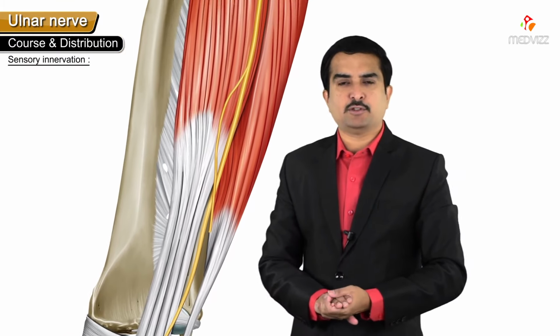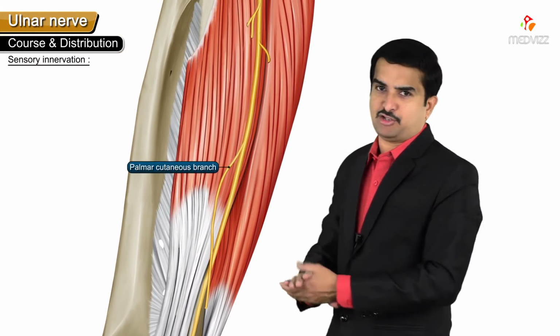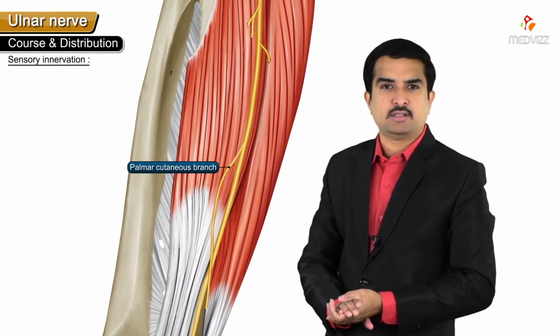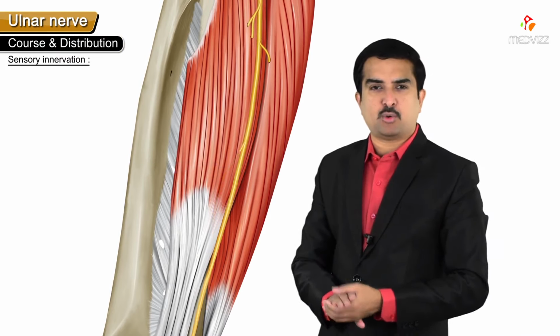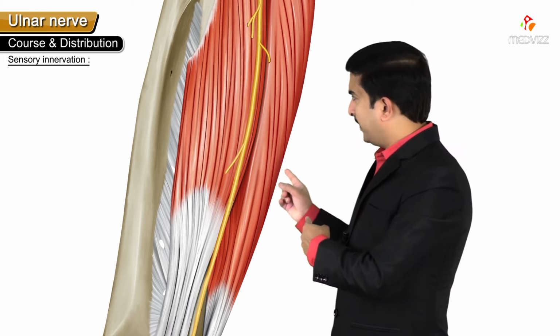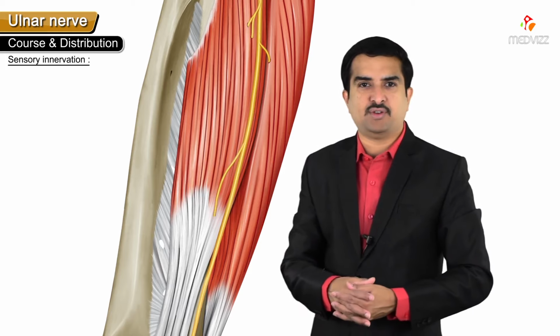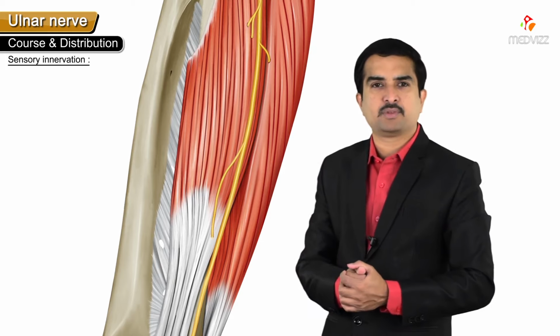And we can also see one of the branches called the palmar cutaneous branch, a separate branch of the ulnar nerve, right? The palmar cutaneous branch arises in the mid forearm. It is nowhere associated with the hand, but we are discussing the superficial branches, so there's a reason we are discussing this nerve over here.